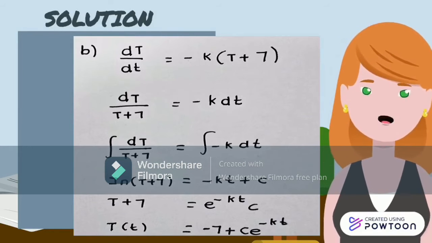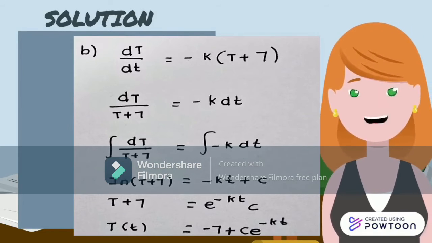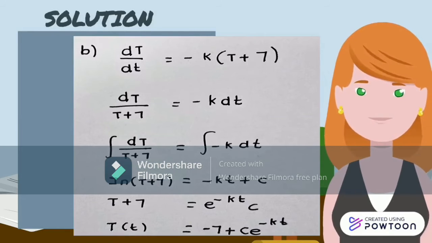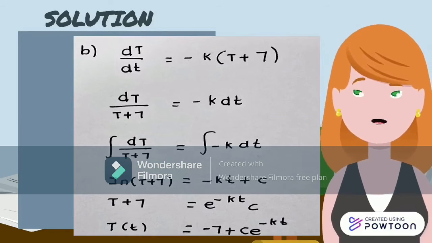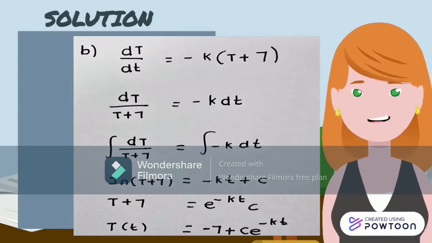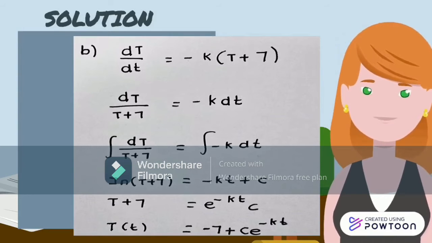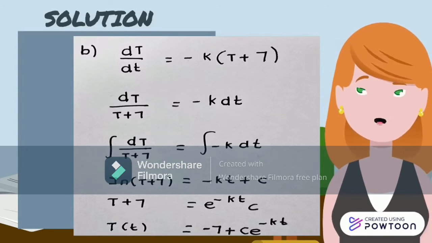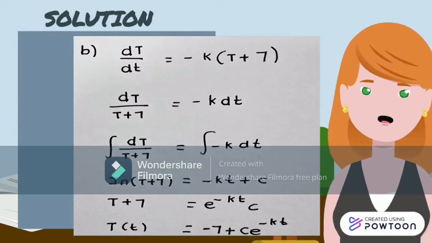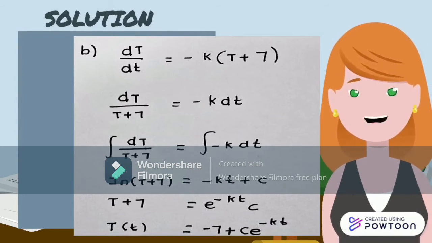By applying integration to both sides, the integral of dT over T plus 7 is equivalent to ln of T plus 7, and the integral of negative k dt will become negative kt plus c.